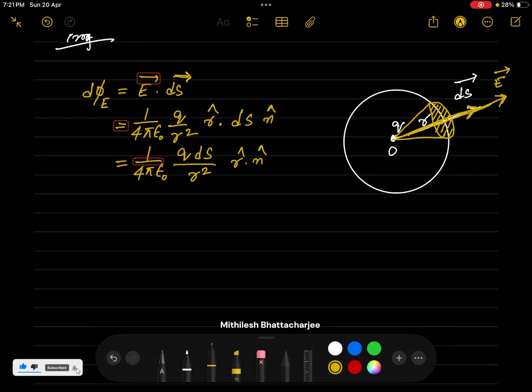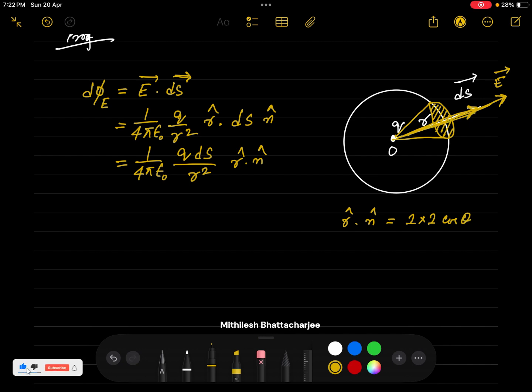R cap is the unit vector of what? Electric field. And n cap is the unit vector of what? The unit vector of the surface, right? If we find the dot product of two unit vectors, how much? 1 into 1 into cos theta.